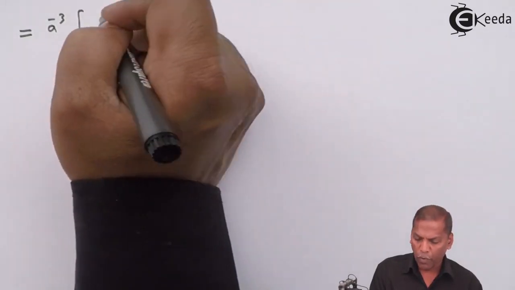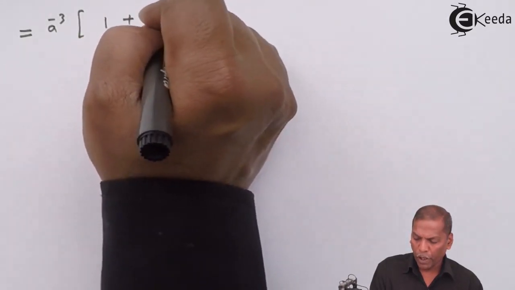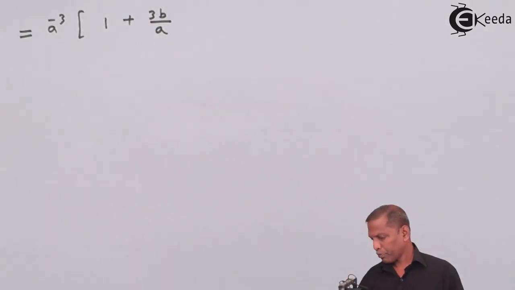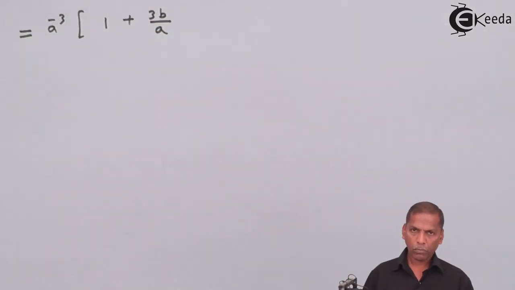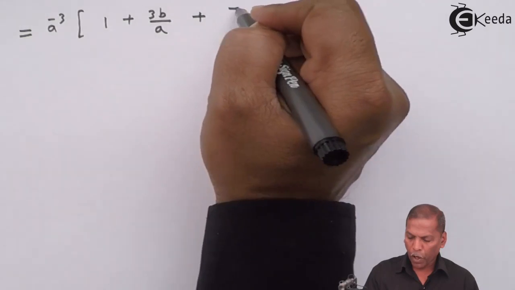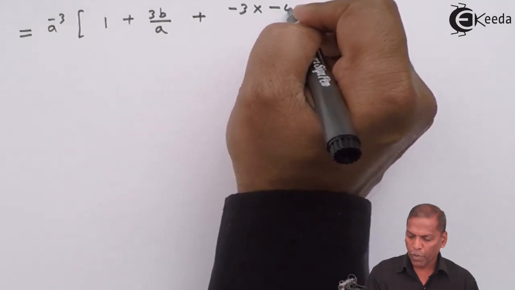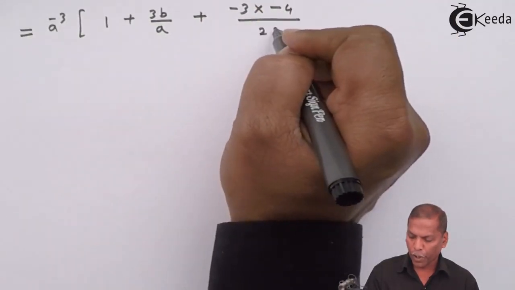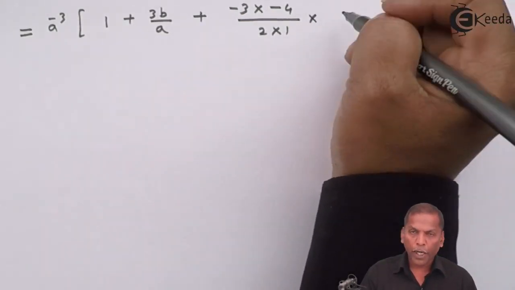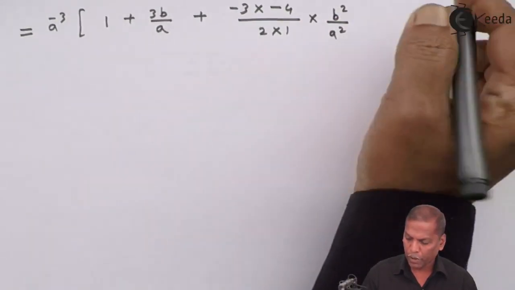In bracket we have 1, then minus minus plus 3b upon a, then plus we have minus 3 into minus 3 minus 1, that gives minus 4 upon 2 factorial means 2 into 1 into (b upon a) the whole square, that gives b square upon a square.